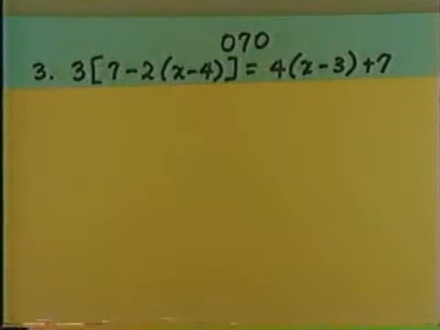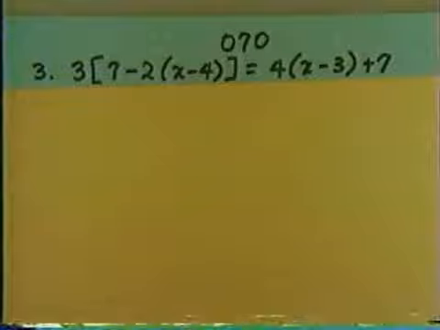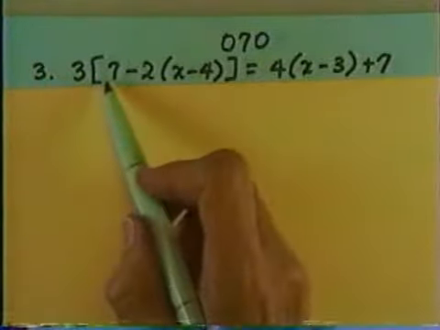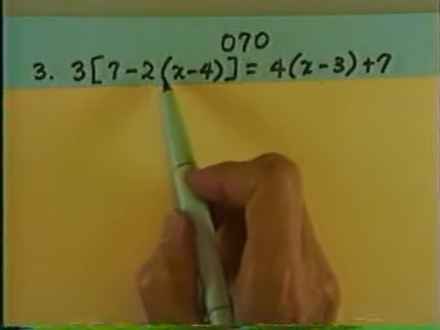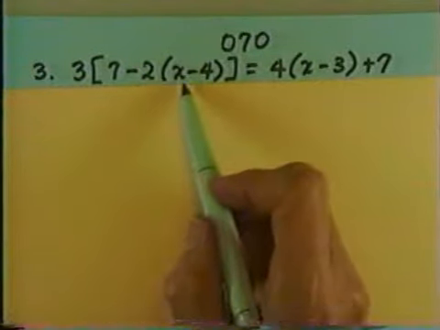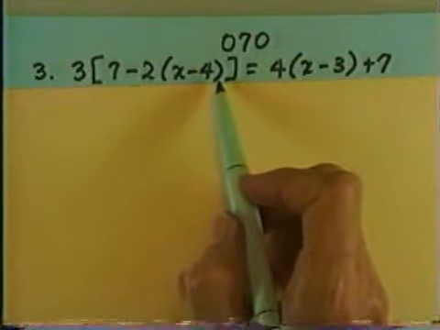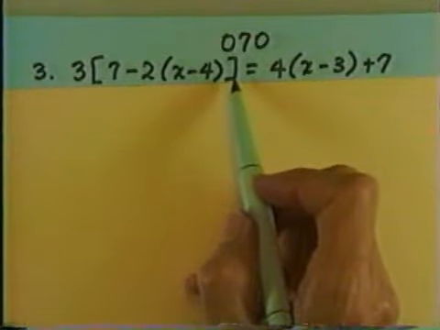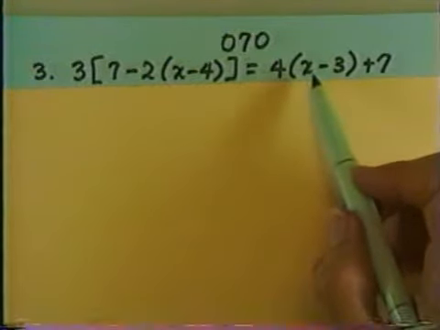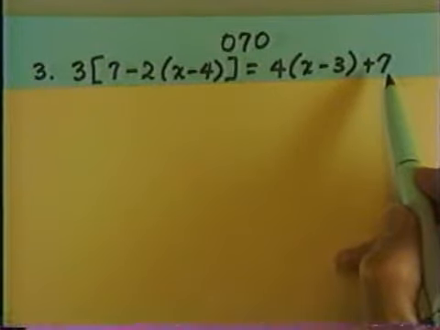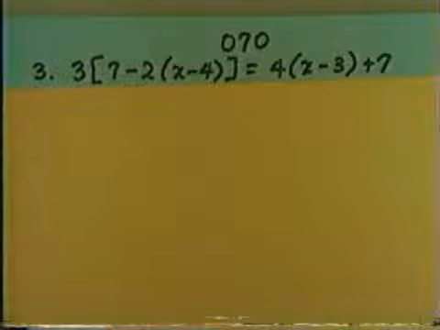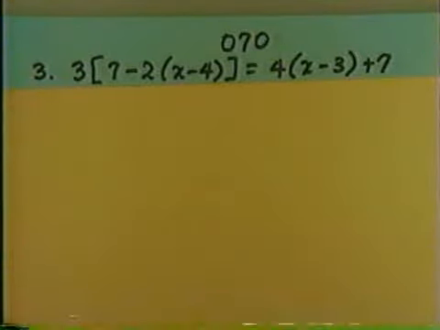Be careful as you copy this one down because there's so much going on. 3[7 - 2(x - 4)] = 4(x - 3) + 7. Notice that we have simplification needed on both sides of this equation.